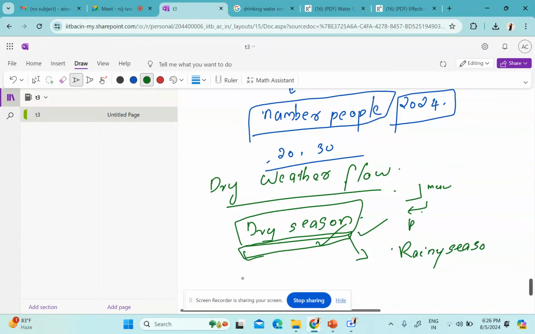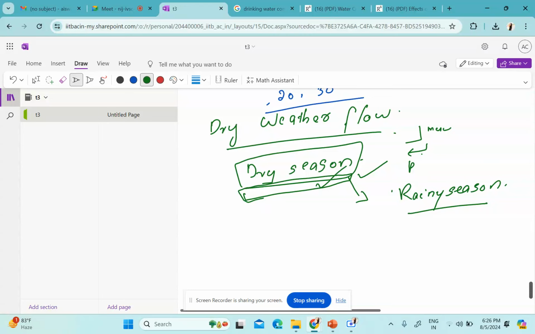In the rainy season, we can expect anything, because if the rain is very high, the amount of water which can come into the drainage system is also high. Sometimes a cloud burst is a phenomenon where, because of the quantity of rain clouds in the sky in a specific region, continuous rain can come.